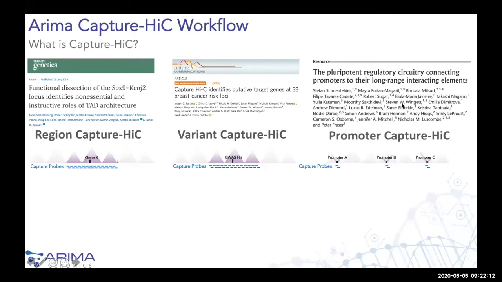And lastly, like I said, the concept of promoter Capture-HiC, where you capture promoters and everything that interacts with those promoters, either at a genome-wide scale or some type of subset of all the promoters in the genome.